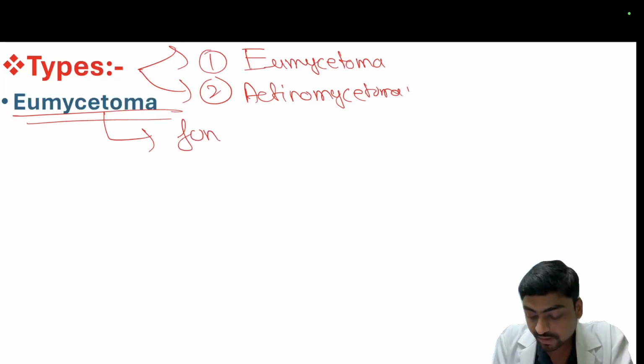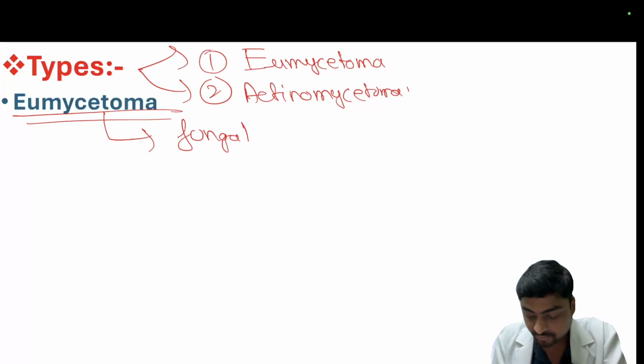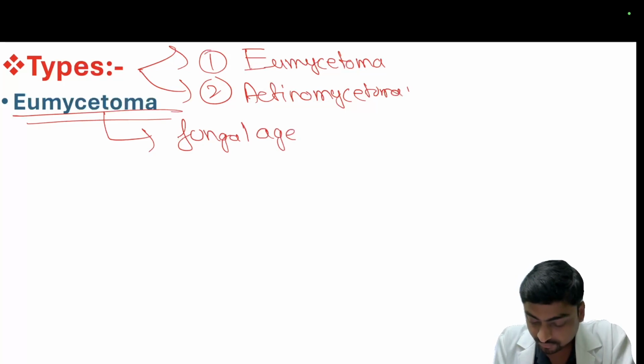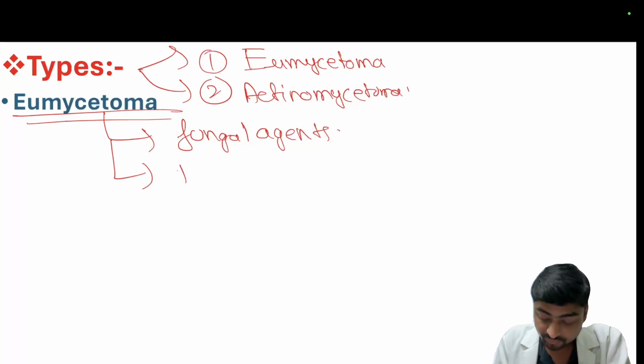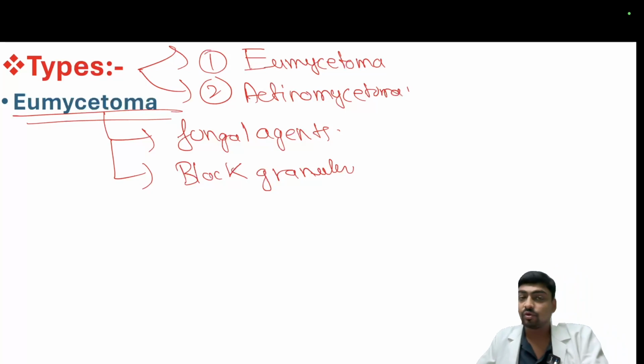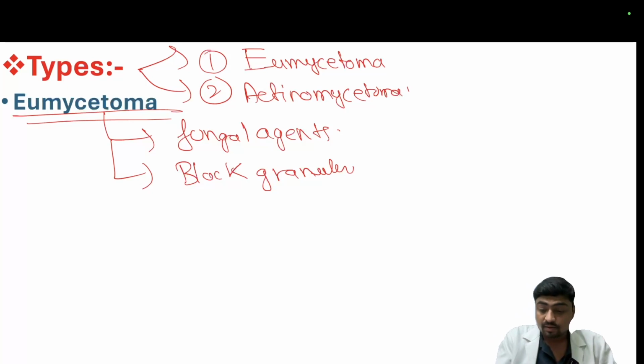It is caused by fungal agents. And these fungal agents produce black colored granules. So Eumycetoma is caused by fungal agents and they are responsible for the formation of the black color granules.